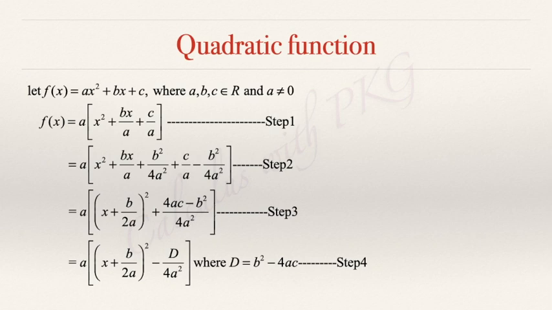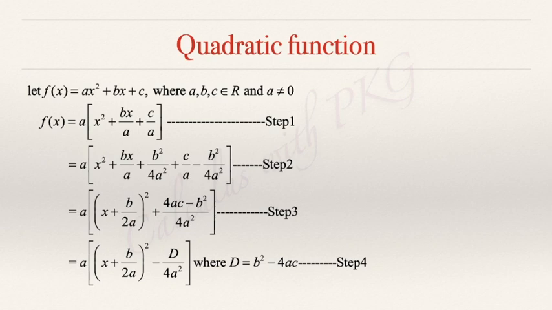Now we will write quadratic function in a new fashion. So in step 1, take a common from the function f of x equal to ax square plus bx plus c, and in step 2 we add b square by 4a square and subtract the same term b square by 4a square from c by a.